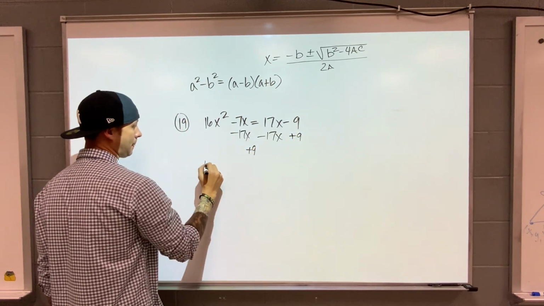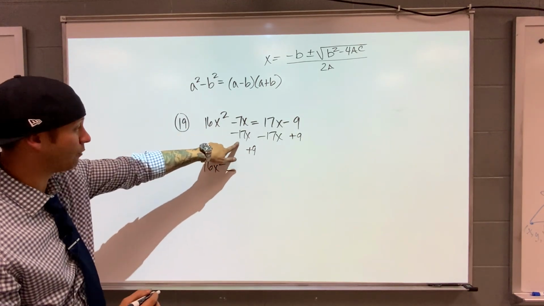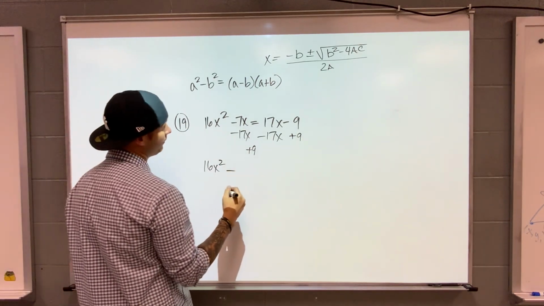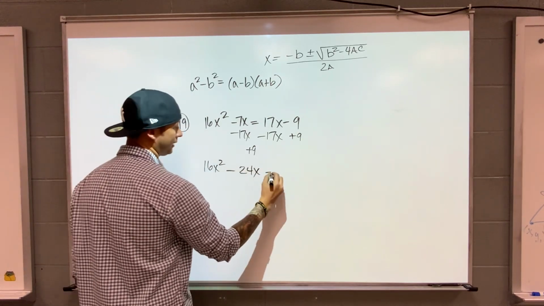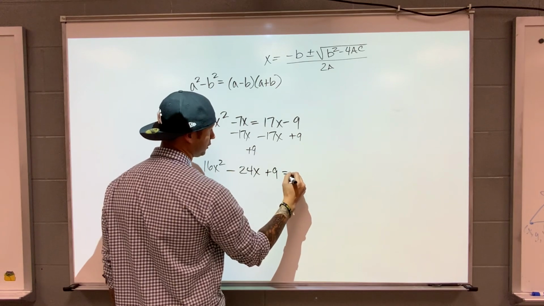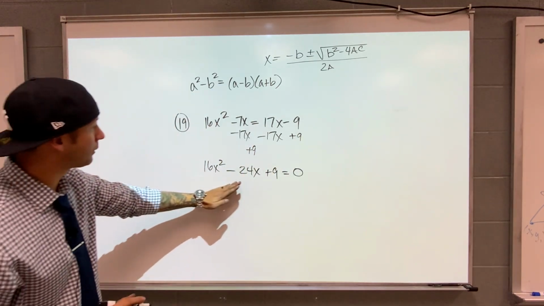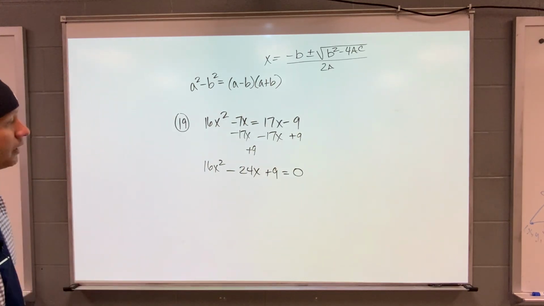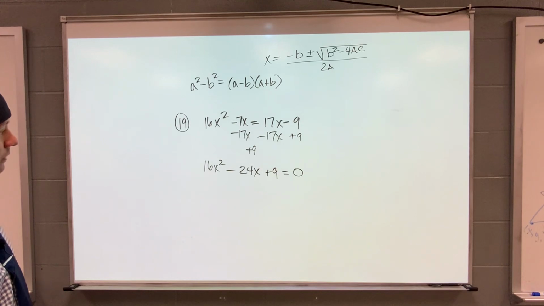So this is going to be 16x squared minus, both of these are negative, so it's going to get even bigger, 17 plus 7, 24x plus 9 is equal to 0. Right, everything moved to the left. It almost seems like something could factor out of these, but it cannot, right, because of the 9.